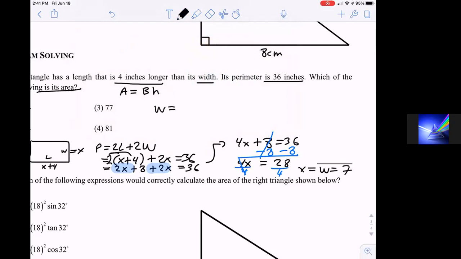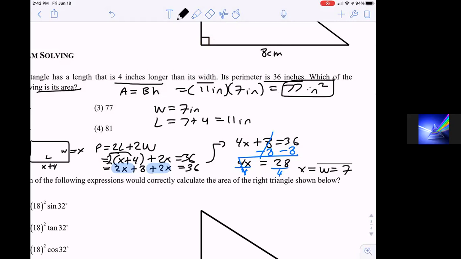So the width equals 7 inches. The length is 7 plus 4, 4 inches longer, which is 11 inches. So the area would be the base, or the length, that's 11 inches, times the width, which is 7 inches. And we get 77 square inches.